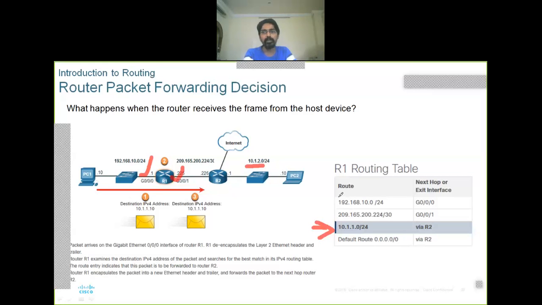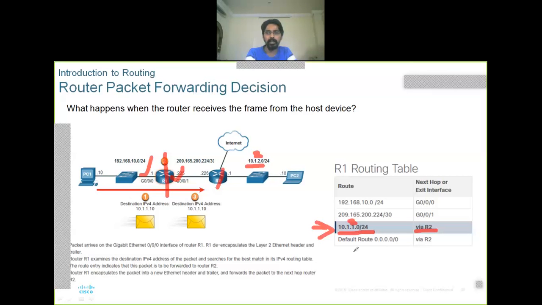Actually it is 2, because the 2 is there. So 10.1.2.0/24. How is R1 getting this information? From R2, so via R2.